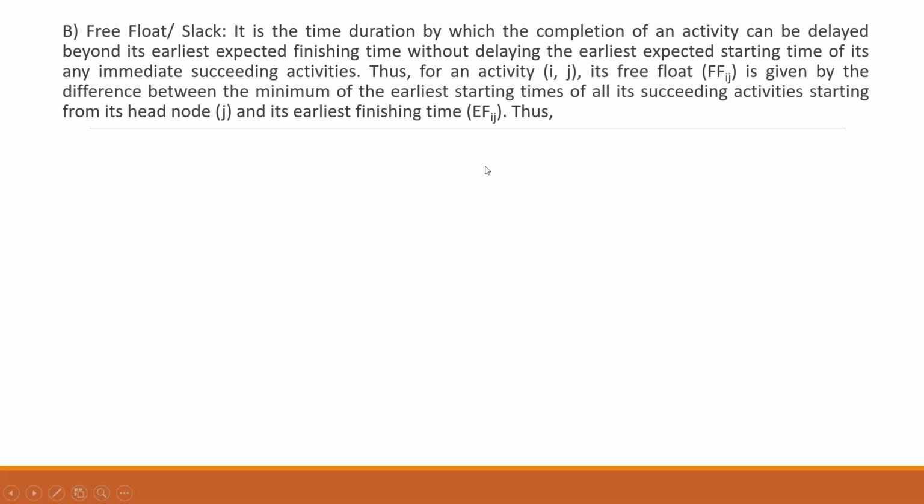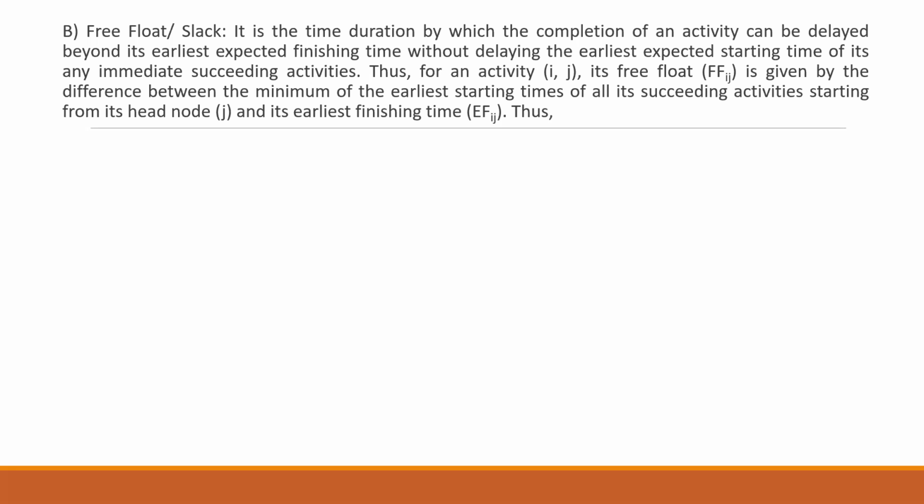We have a formula for this, where we have taken the example of activity ij, where the free float is written as FFij. It is given by the difference of the minimum of the earliest starting time of all its succeeding activities, starting from its head node j, and its earliest finishing time EFij.